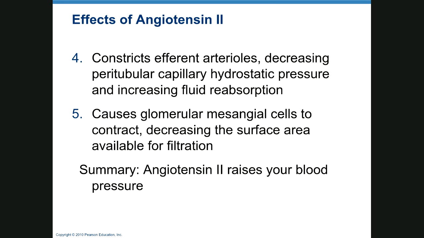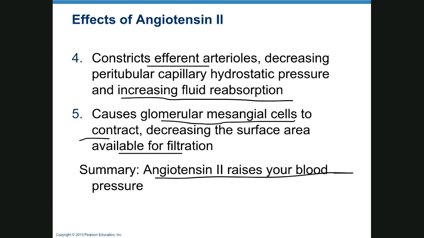Angiotensin 2 constricts efferent arterioles and increases fluid resorption, and causes glomerular mesangial cells to contract, decreasing filtration. The summary: angiotensin 2 raises your blood pressure by causing vasoconstriction and fluid retention.